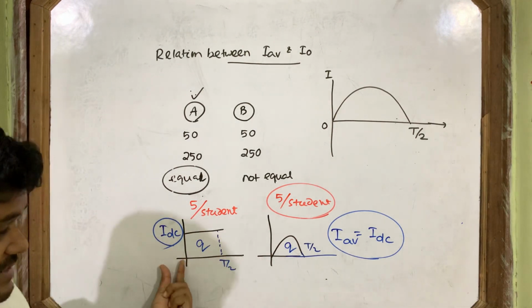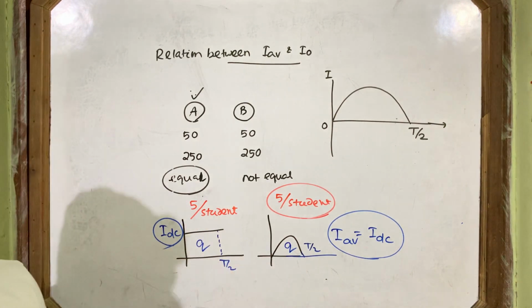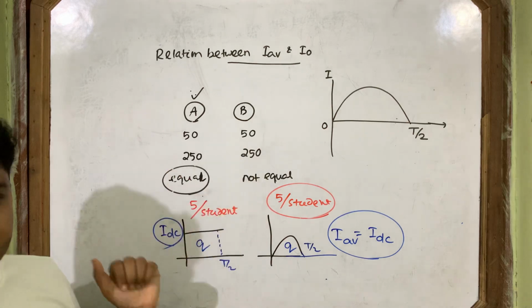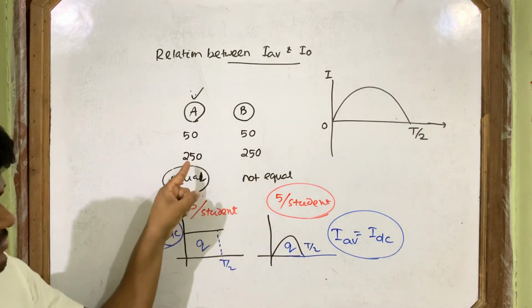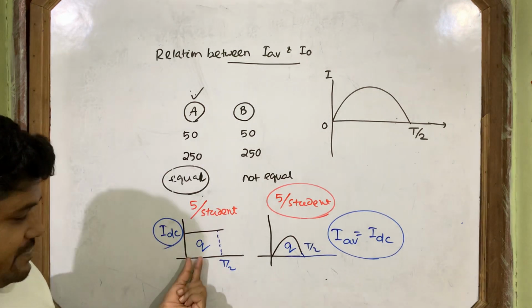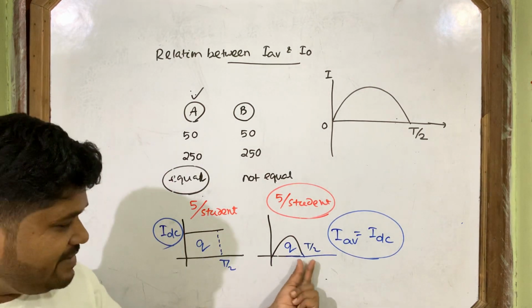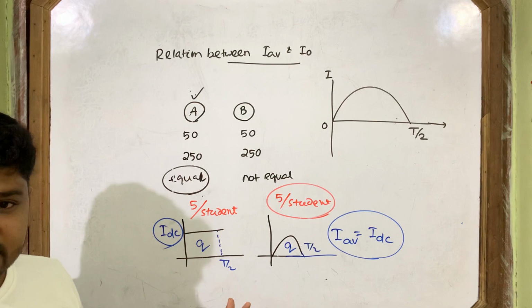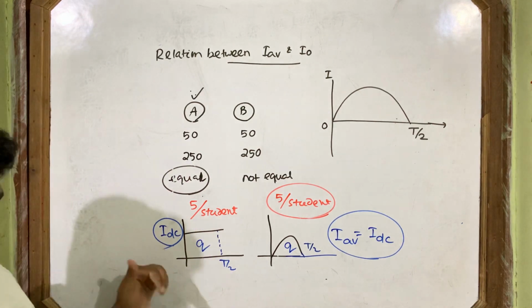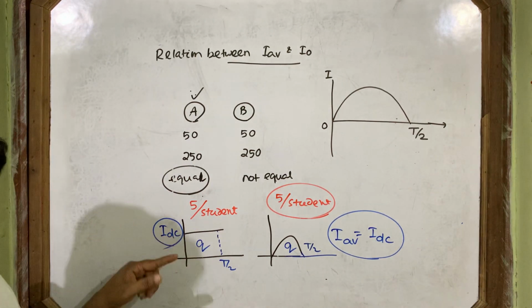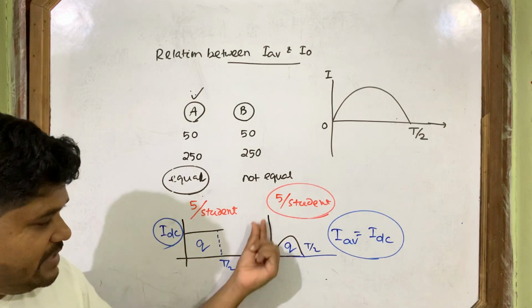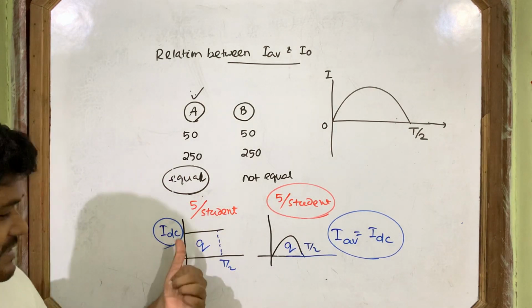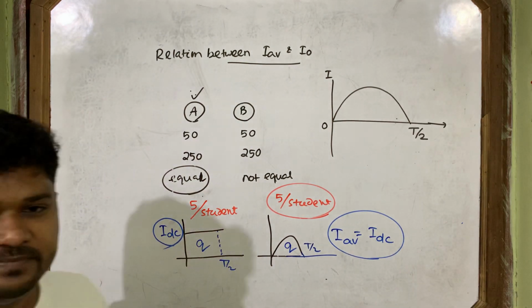But under which condition? Time should be the same. Here you see students are the same, charge should be the same, just as chocolates should be the same. So if the same charge passes in the same time, then this DC sends the same charge being constant, and the AC sends the same charge being variable. So this DC is the average value of the AC.